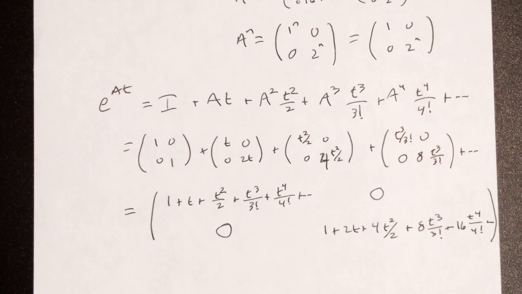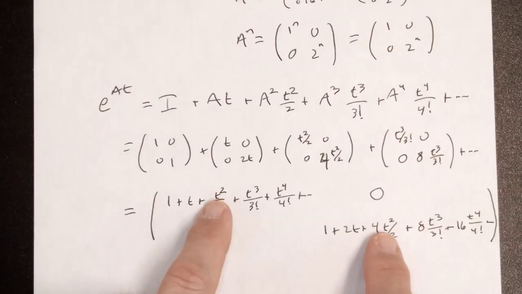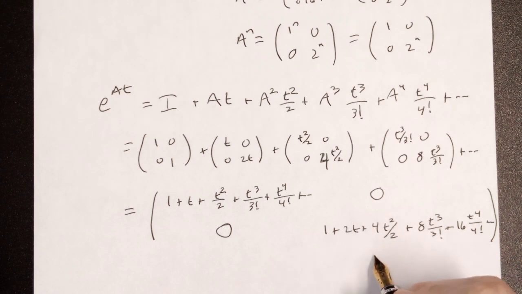Now, I just want to look at that lower right for a moment, because by comparison to the thing in the upper left, that looks disgusting. Except, here's a t, here's a 2t. Here's t squared, here's 4t squared, right? Isn't that the same as 2t quantity squared?